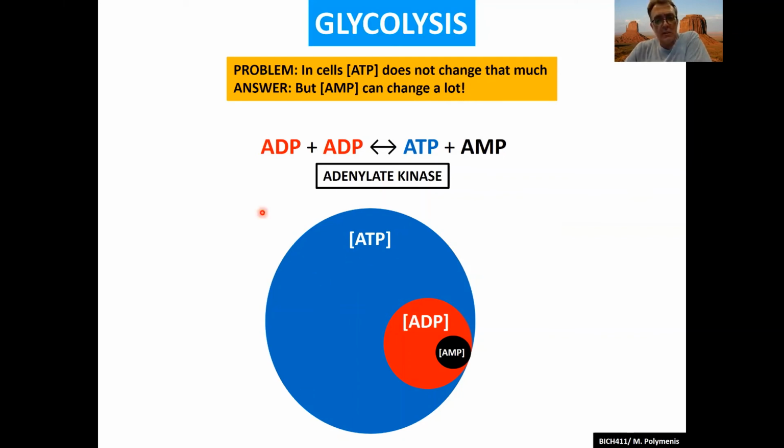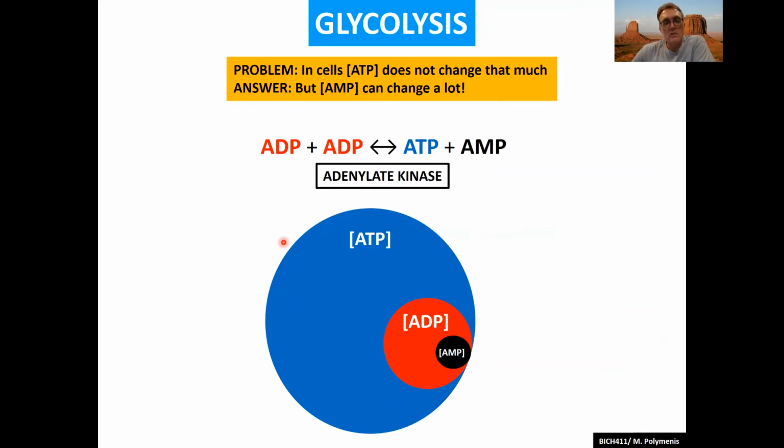We've already seen how there is a lot more ATP than ADP in cells. AMP is even lower. And there is an enzyme that converts these forms. It takes 2 ADPs to make 1 ATP and 1 AMP. It's called adenylate kinase, so it brings back the pools to equilibrium, to these more or less levels, ATP, ADP, and AMP. So the blue stuff, it's an ocean, it doesn't change too much.